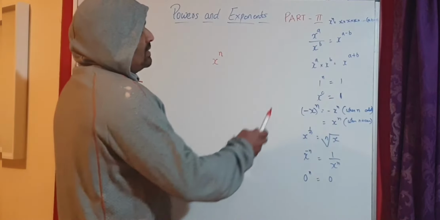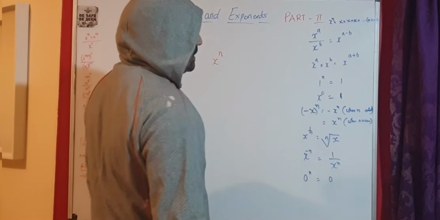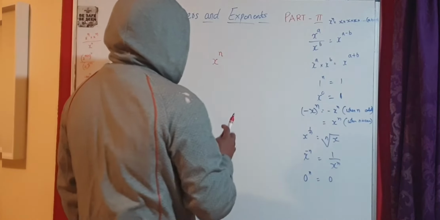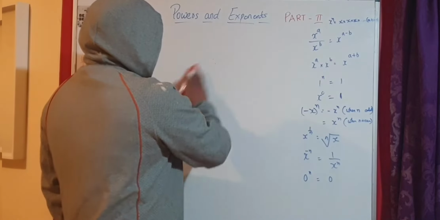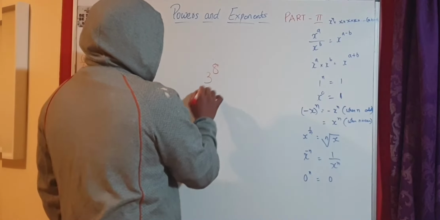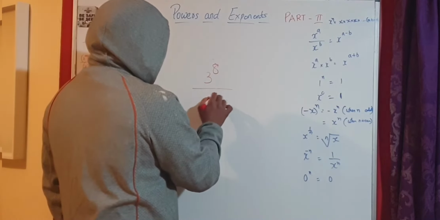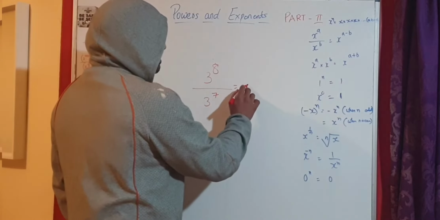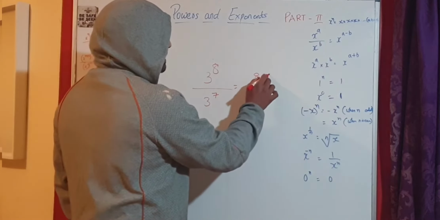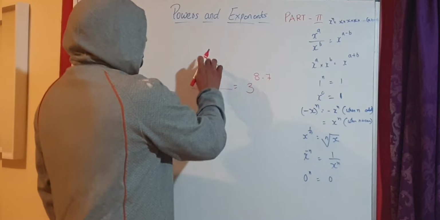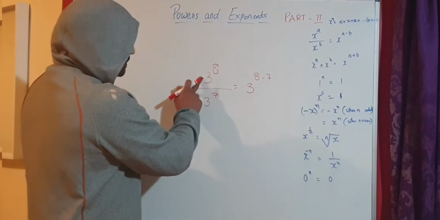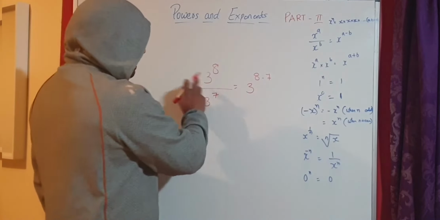The various formulas are: x to the power of a by x to the power of b is equal to x to the power of a minus b. For example, 3 to the power of 8 by 3 to the power of 7 can be written as 3 to the power of 8 minus 7, because there is a division and both the numerator and denominator have the same base.